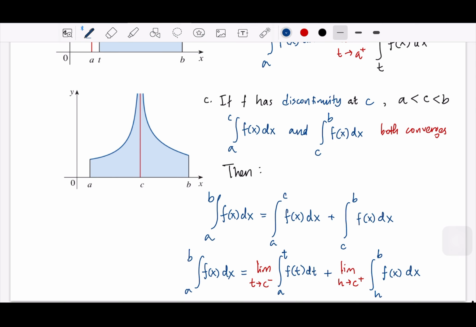But because we have improper integrals, using the limit method, at some point we can approximate this discontinuity and make it a convergent value that we can compute. But of course, for this statement about c, both integrals from a to c and from c to b need to converge. If one of them diverges, then it won't make any sense.